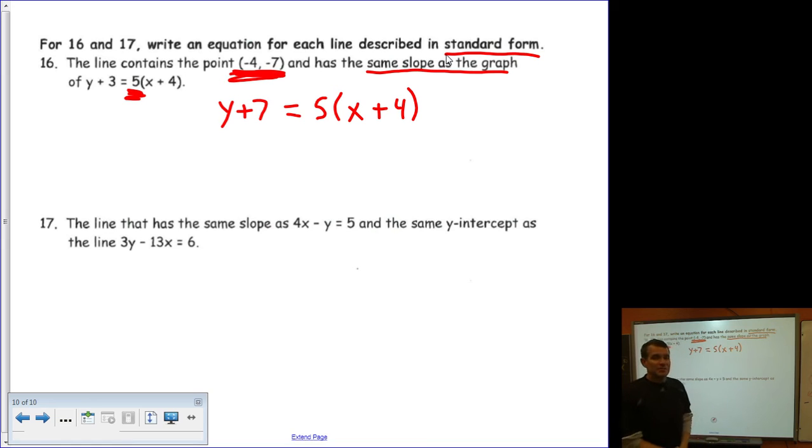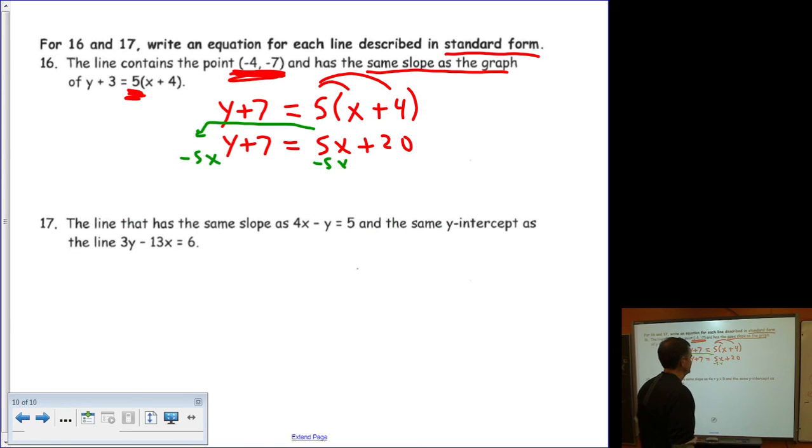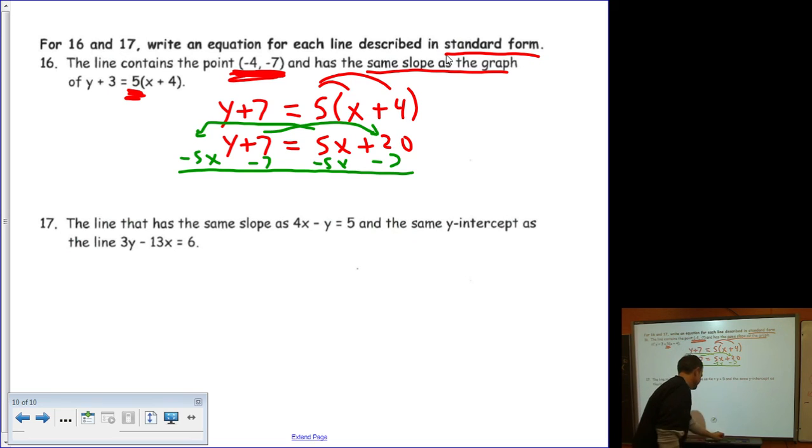There's my equation for this line I'm supposed to use, but it's in point-slope form, and I was asked to put it in standard form. So I would first distribute the 5 and get y plus 7 equals 5x plus 20. Next, I would take the x term, and I want the x term to be over here. So I'm going to subtract 5x from both sides. And I want the 7 to be over with the 20, so I'm going to subtract 7 from both sides.